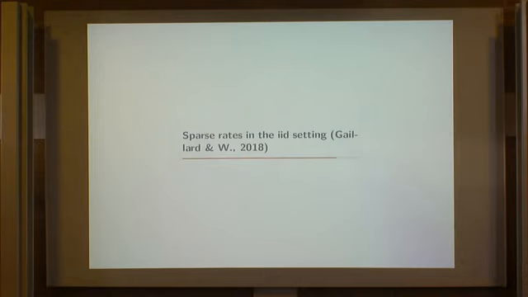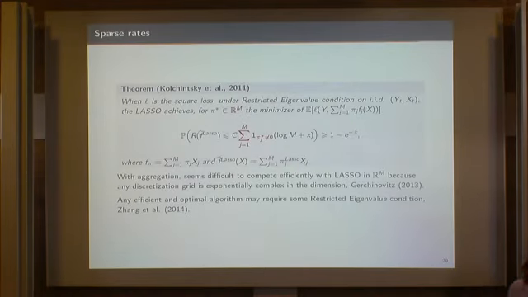One work in that respect, a very specific work with Pierre Gaillard, was to find fast rates in IID settings. It's the most simple stochastic setting, so it's much more restrictive than before.